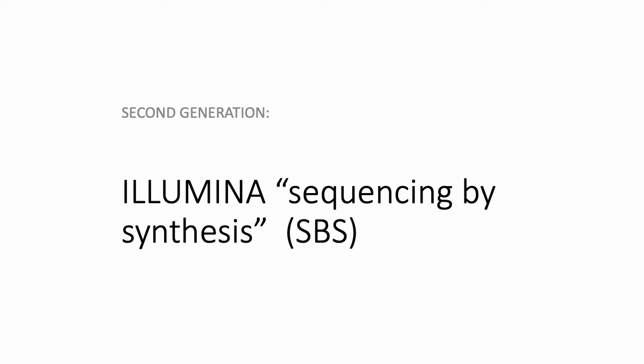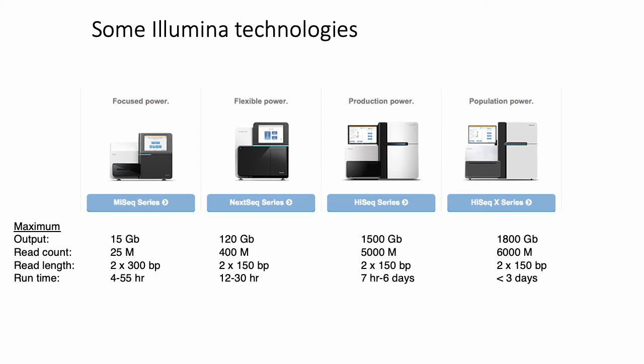So next we'll talk about Illumina sequencing by synthesis, or SBS technology. It's worth pointing out that Illumina has released a number of different products that are all based on the sequencing by synthesis technology. The SBS technology that we'll talk about in the next few slides applies to all of these different products.